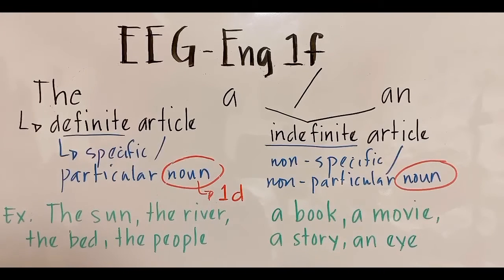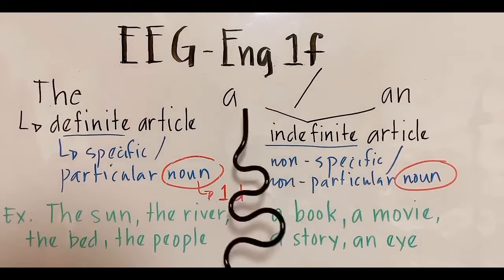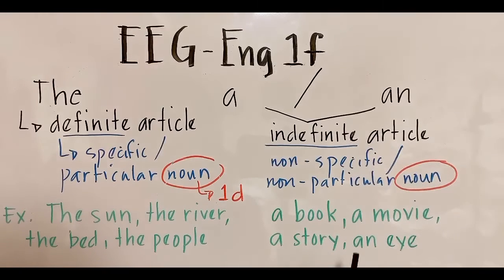Whereas the examples of a or an, let's see: a book, a movie, a story, an eye. Now when we say a book, we are referring to any book. It's not specific, it's not particular.